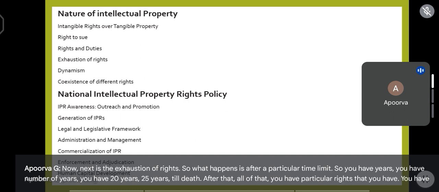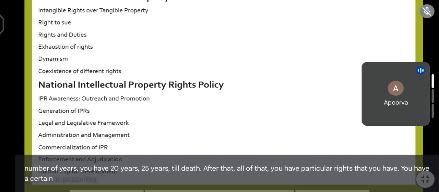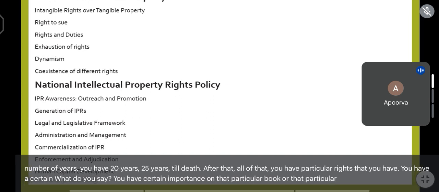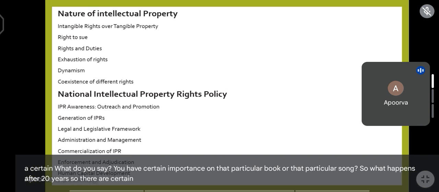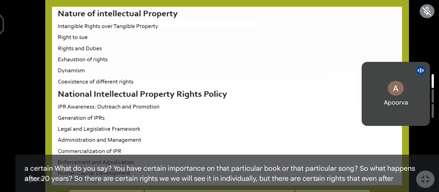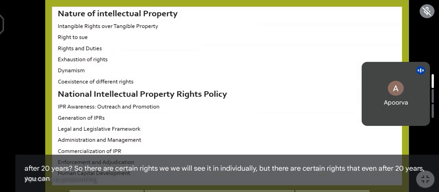You have certain importance on that particular book or that particular song. So what happens after 20 years? We will see it individually, but there are certain rights that even after 20 years you can continue till you stay alive, and then afterwards you die.